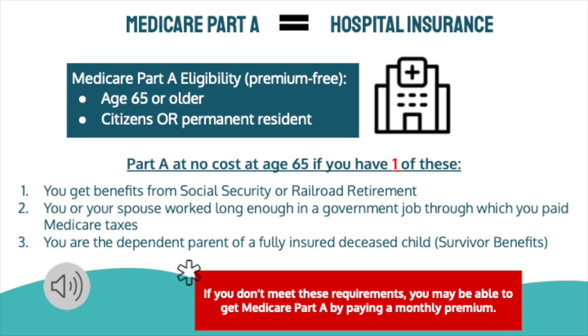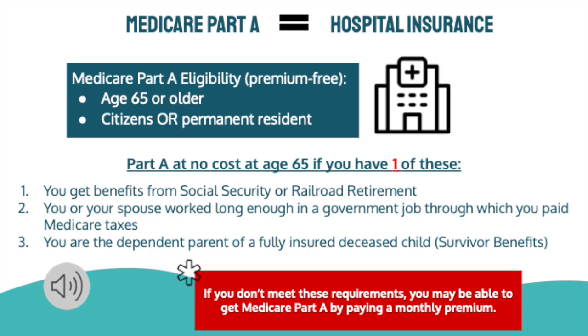So we already went over a general overview of what each part of Medicare covers. Now let's go over the eligibility criteria for Parts A, B, and D. So we know that Medicare Part A is hospital insurance. To be eligible for Part A Medicare without premiums, you need to be at least 65 years of age or older, be a citizen or permanent resident of the United States, and meet one of the following criteria.